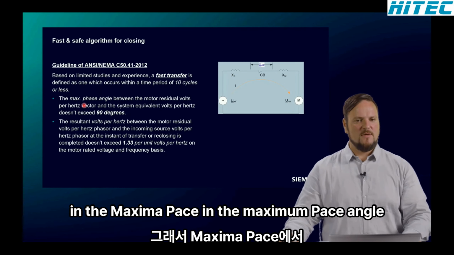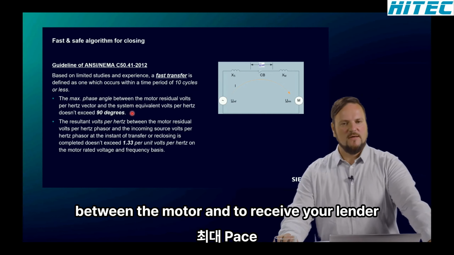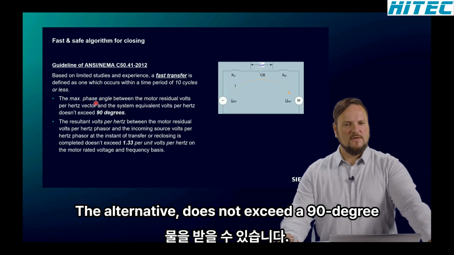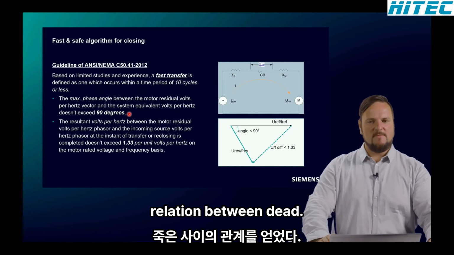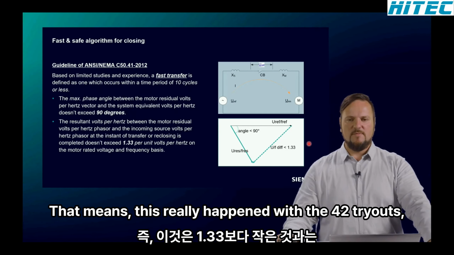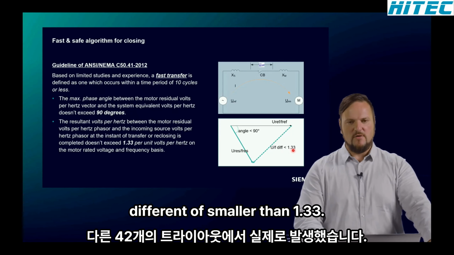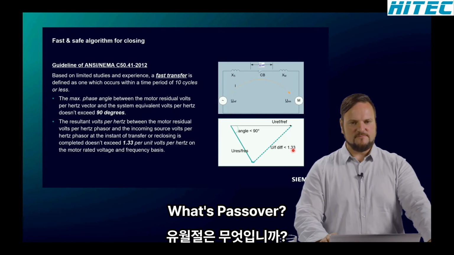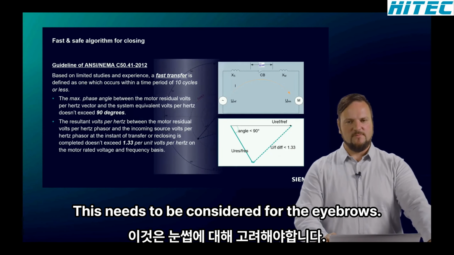And the maximum phase angle between the motor residual voltage and the equivalent voltage on the alternative source does not exceed 90 degrees. And there is a relation between them. That means this will happen with a voltage per hertz difference of smaller than 1.33 volts per hertz. So this needs to be considered for the algorithm.